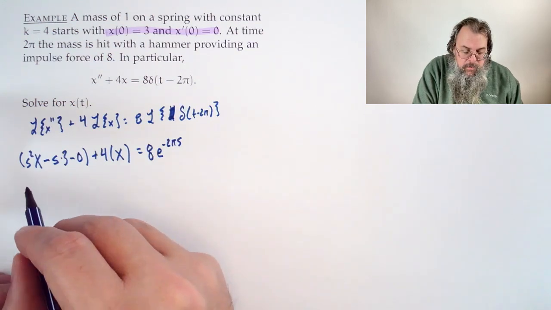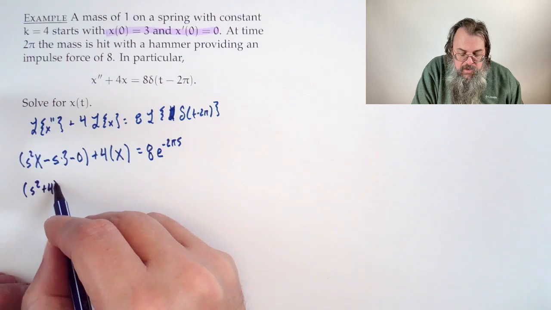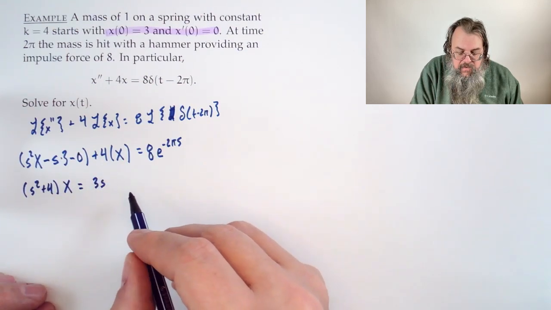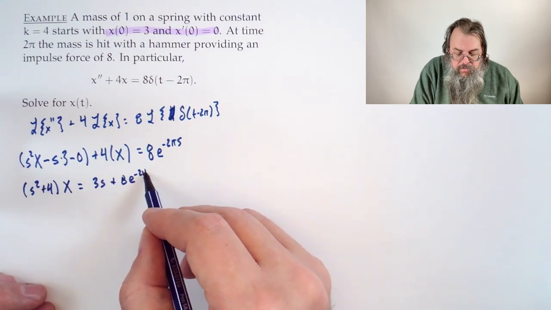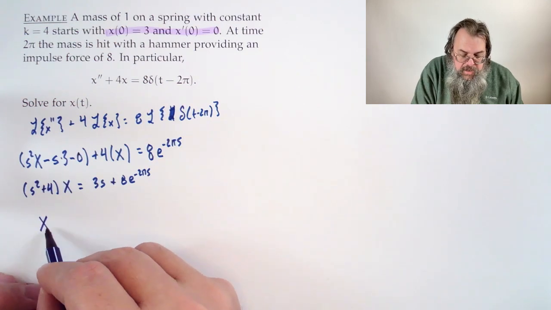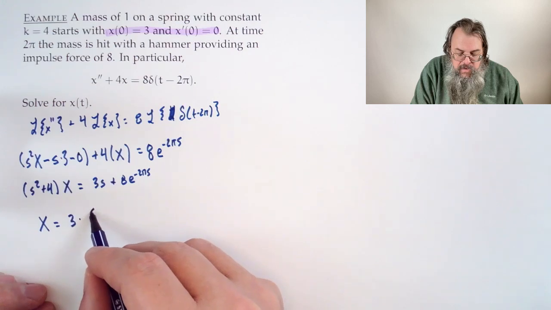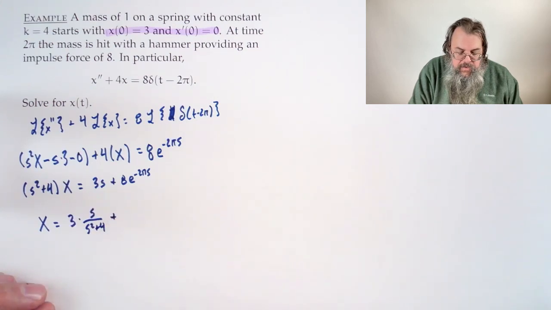Okay, so we can rewrite this as s squared plus 4 capital X is equal to 3s plus 8 e to the minus 2 pi s.